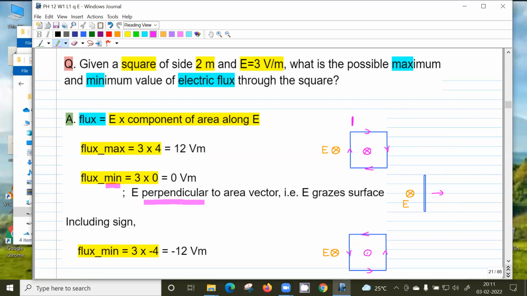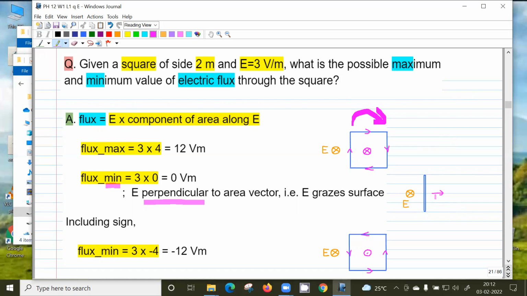Suppose I rotate this thing by 90 degrees, it will become like this. In this case, the number of lines cutting this area will be 0 because all these lines will just touch this surface. This thickness is almost 0.